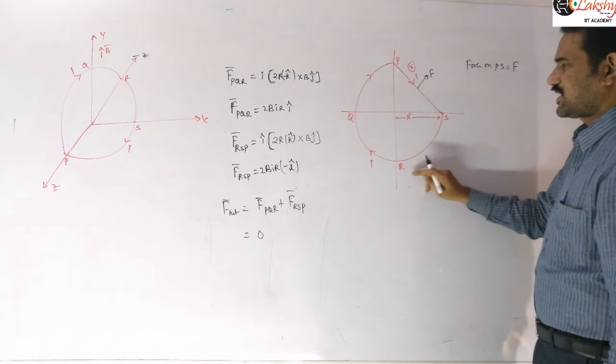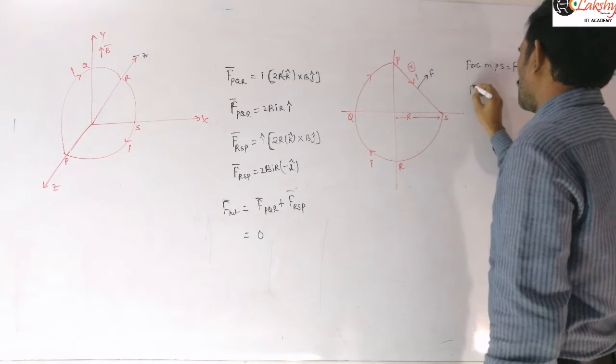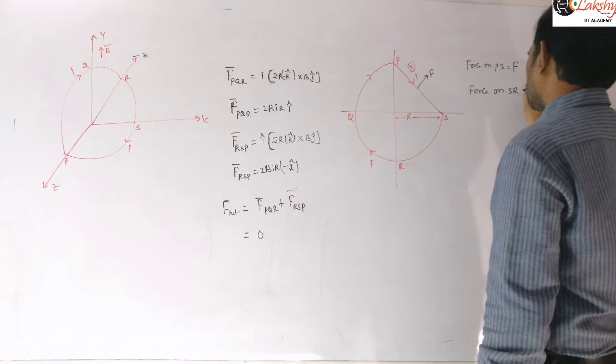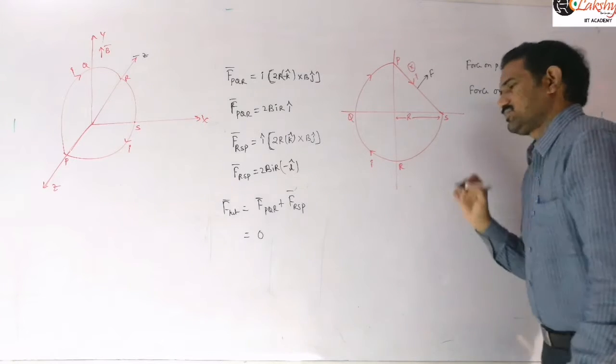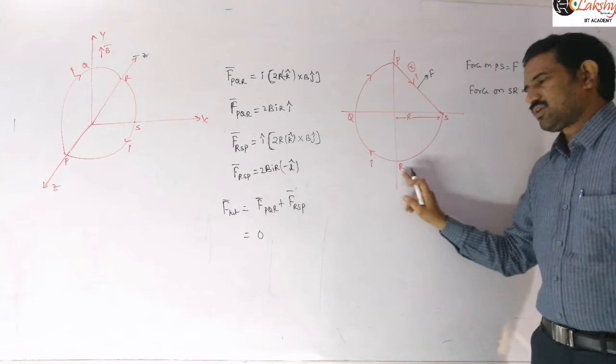Now let us write the force acting on R to S also. I am calculating only the force acting on this R to S, the force on SR. Only this part here, 1/4 of the circle.